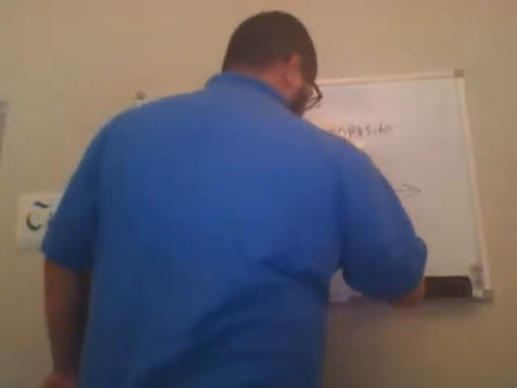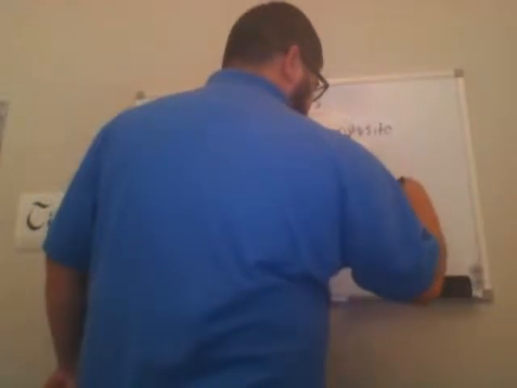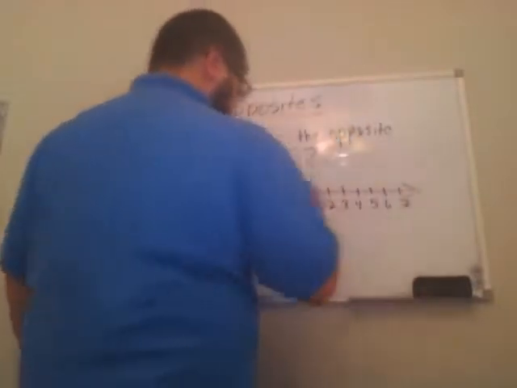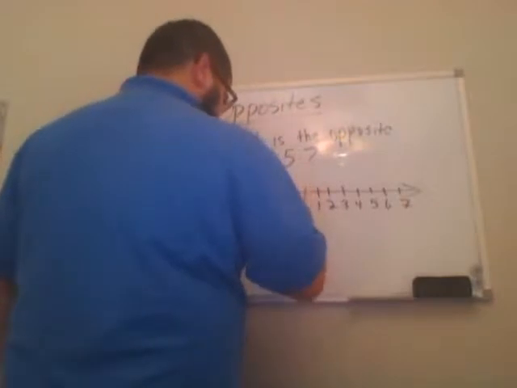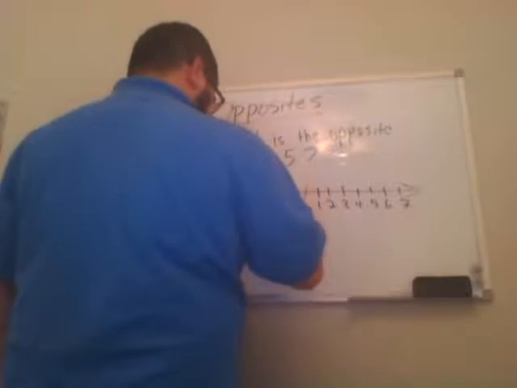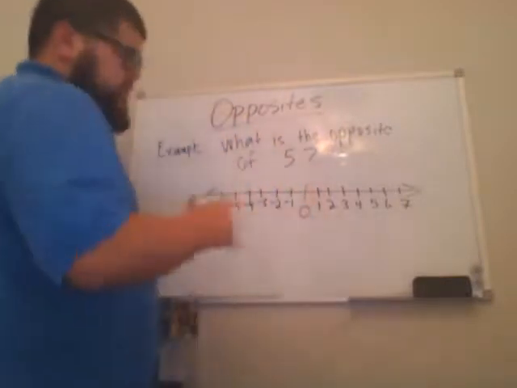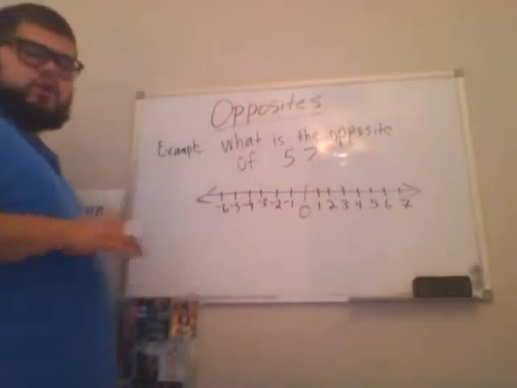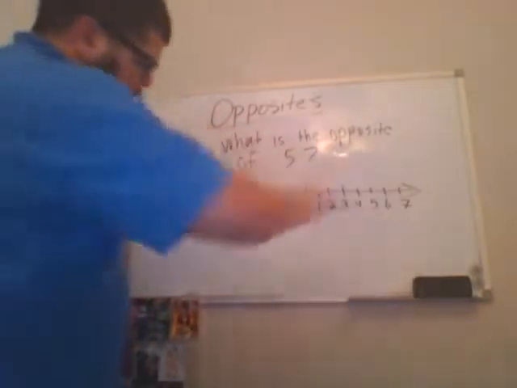Okay, so we got 1, 2, 3, 4, 5, 6, 7, -1, -2, -3, -4, -5, -6. And I'll do the same on each side, it's fine. As long as we know we got the opposite and the number itself on the whole entire number line.